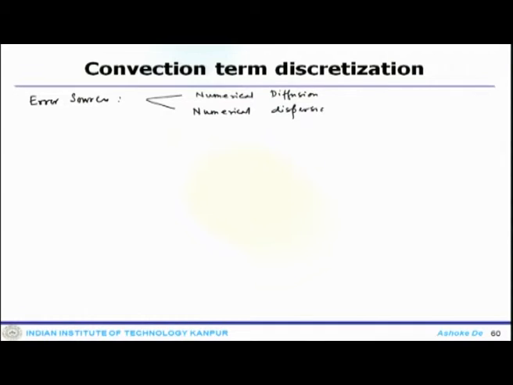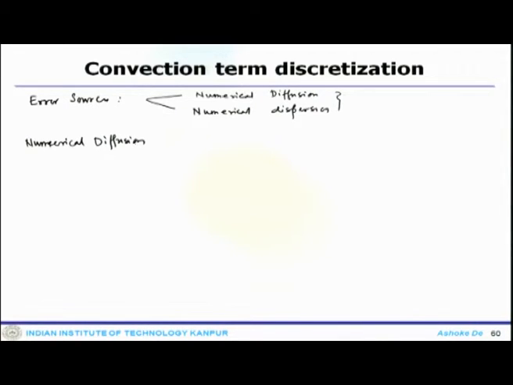So, two sorts of errors. Numerical diffusion can also be divided into two ways; one can think about it in two ways it can possibly arise in the system.